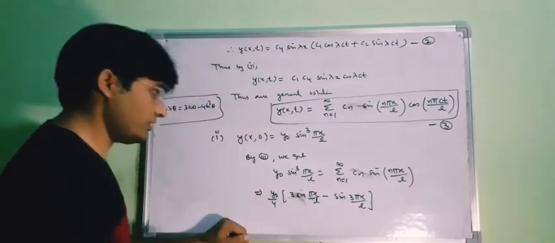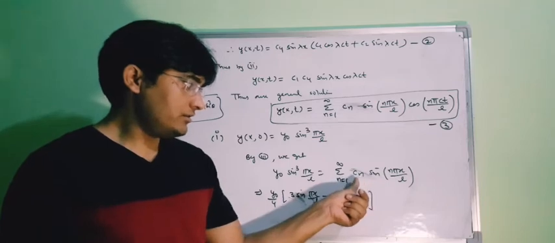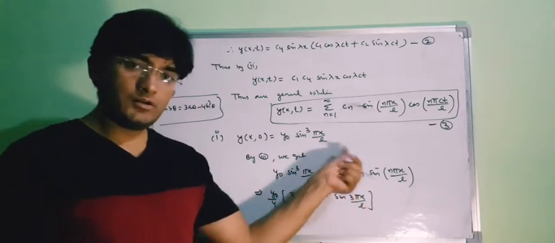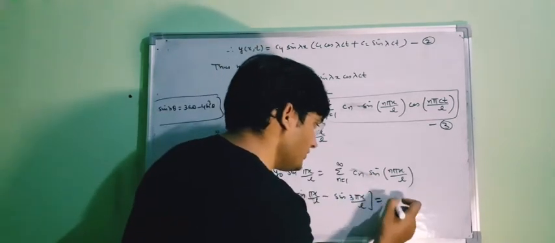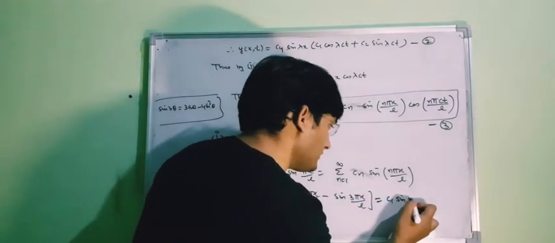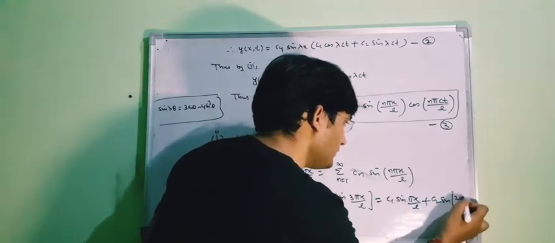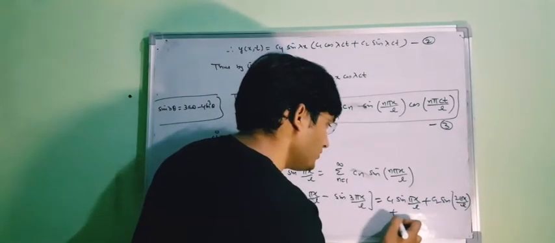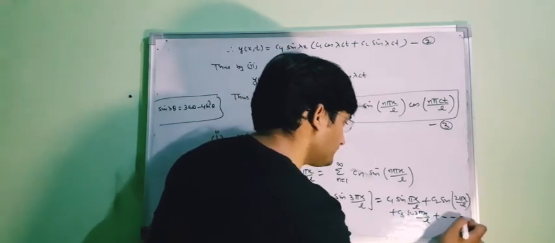So let us take 4 here. Now again, in the right hand side, let us open the summation. So this will be your C1 sin(pi x upon L). Then we will have C2 sin(2 pi x upon L). Then we will have C3 sin(3 pi x upon L), and so on.